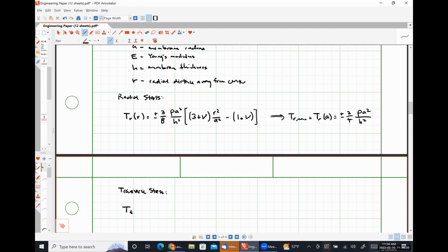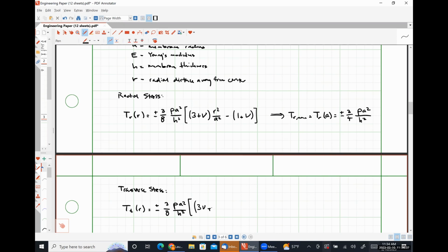So T sub T as a function of R. That same plus or minus 3/8 PA squared over H squared. And now we're going to have 3 nu plus 1, or 3 Poisson's ratio plus 1, times R squared over A squared minus 1 plus nu.